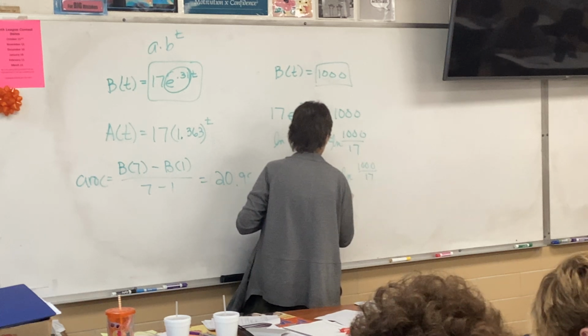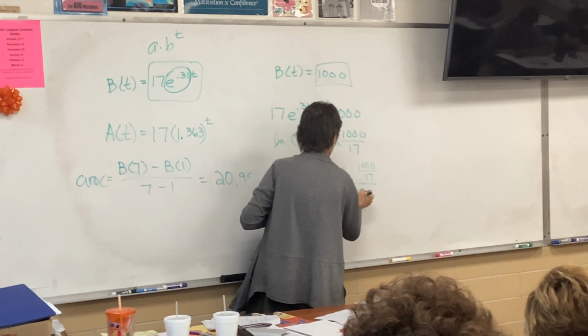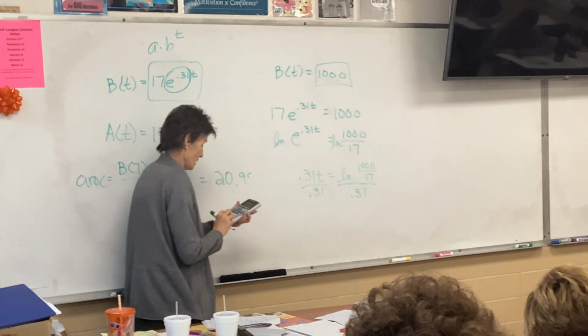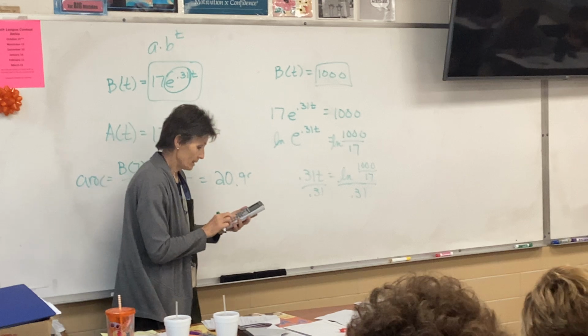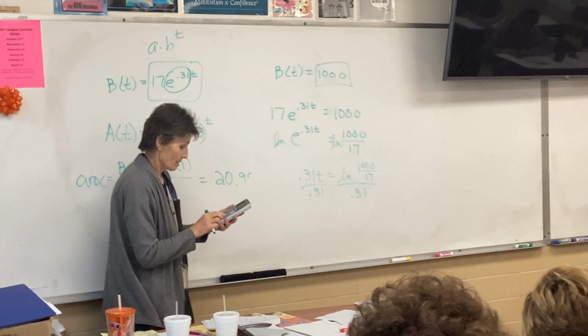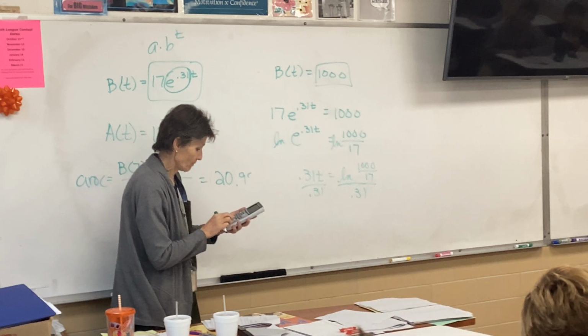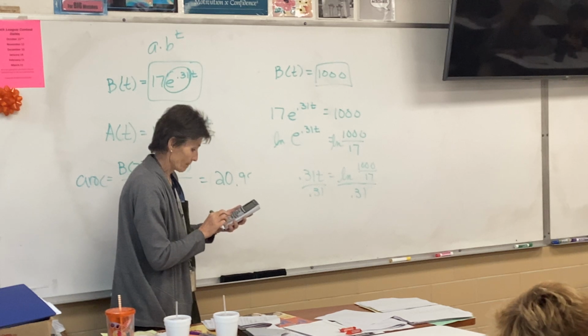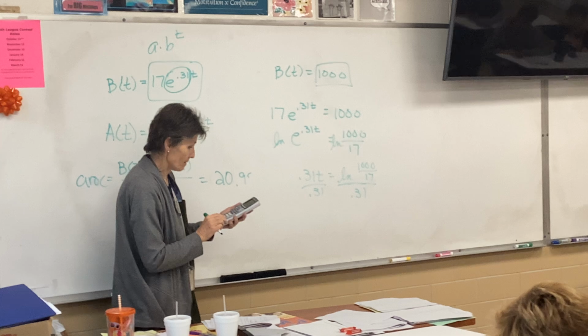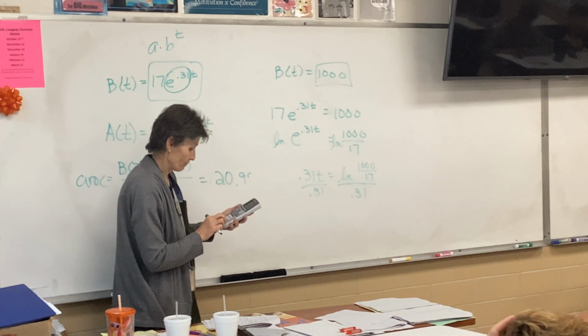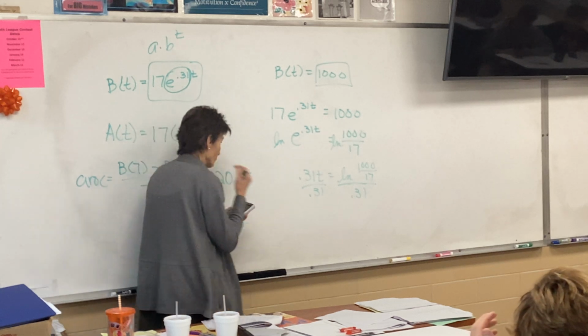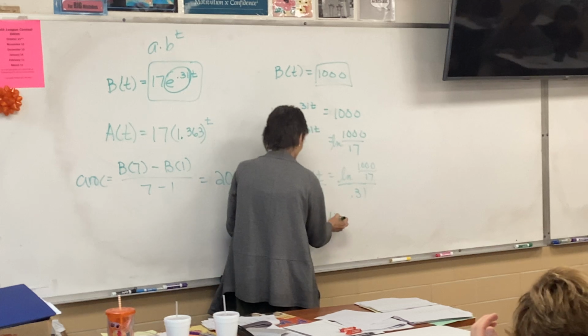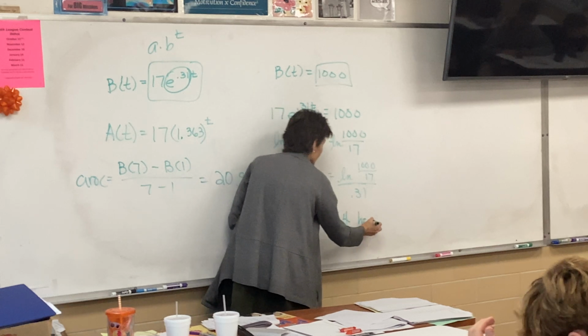We're gonna spend more time with logarithms, so if you're not sure how to do that right now, it's okay. I did it graphing because it's faster. And we're running out of time. I got 13.144 hours.